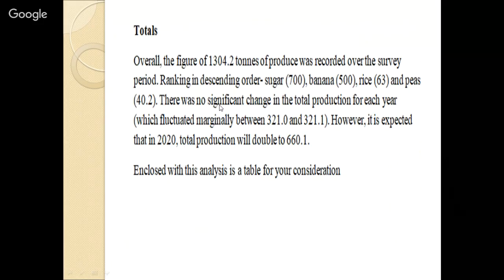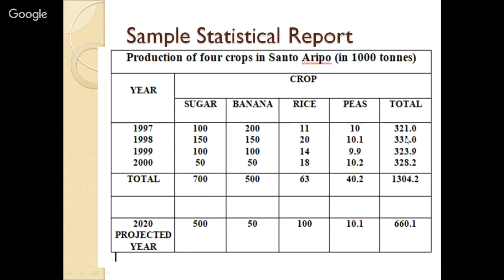Then we have, there was no significant change in the total production for each year, which fluctuated marginally between here, and notice this is what the writer's done to say over the period, for the years, there was no significant change here because they were in the same category.